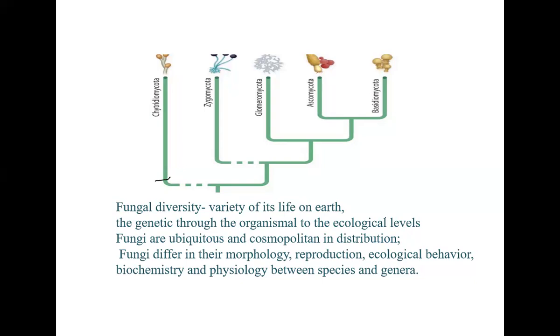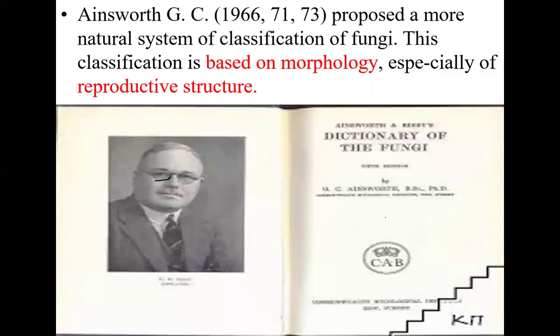But these fungi have variation in their ecological behavior, reproduction, morphology, biochemistry, and physiology. Physiological character, biochemical character, nutrition, morphology, cell wall component variations are there from genus to genus, from species to species. Based upon that, Ainsworth. Who is this?